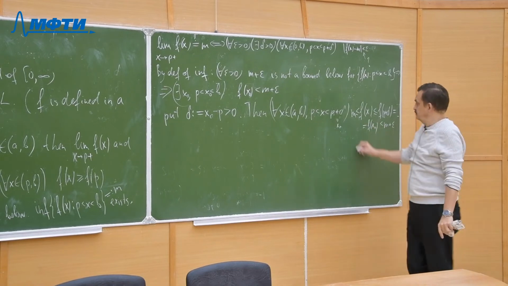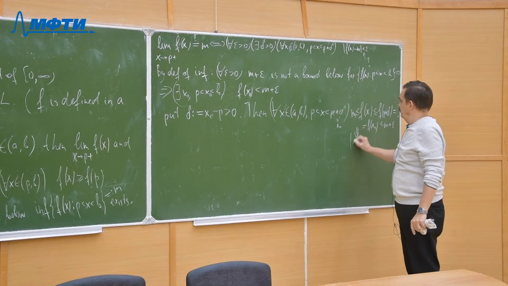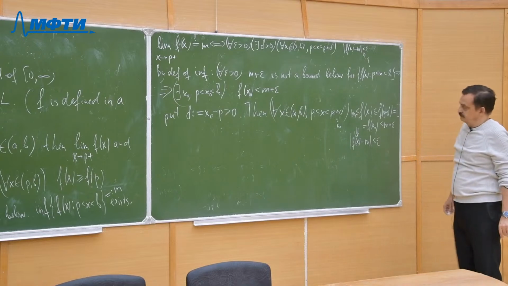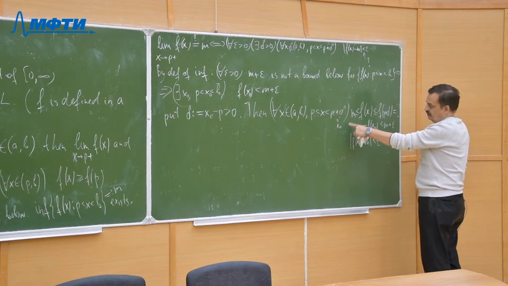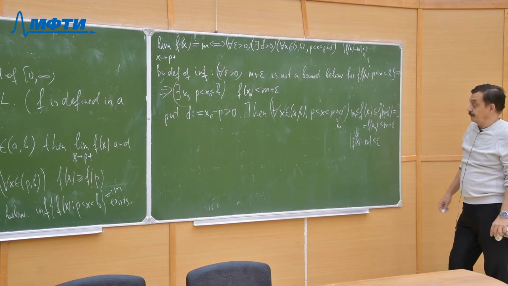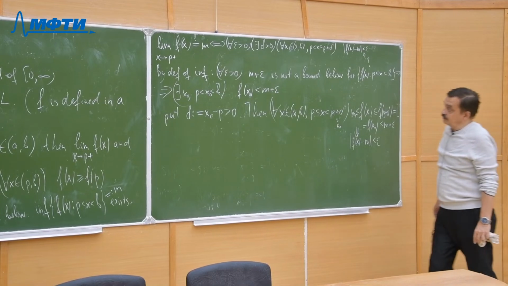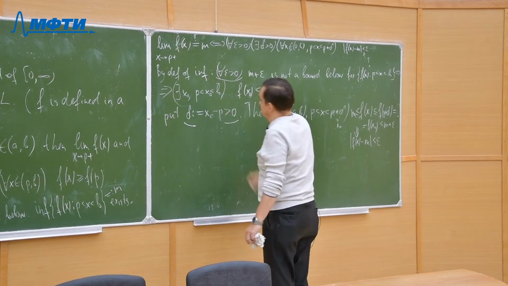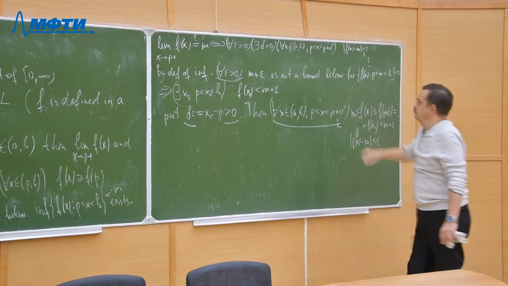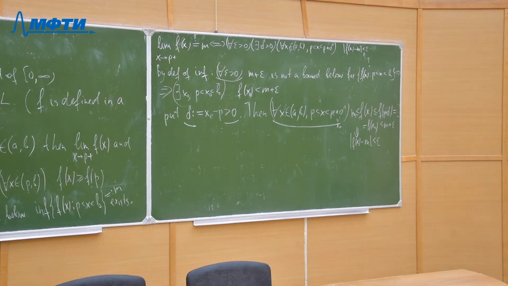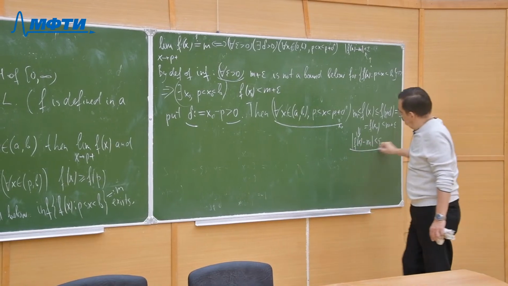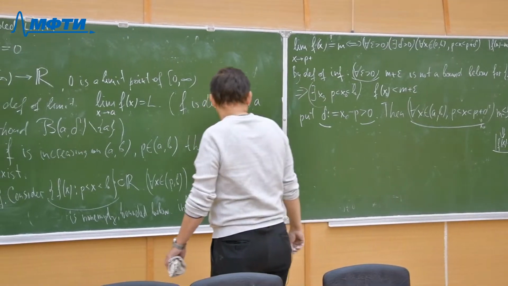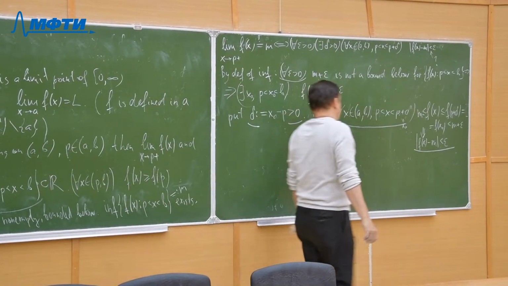So it follows that |f of x minus M| is less than epsilon. And that is precisely what we want. So for arbitrary epsilon, we found delta positive, such that for all x which satisfy that inequality, we have f of x minus M less than epsilon. So we have proved.